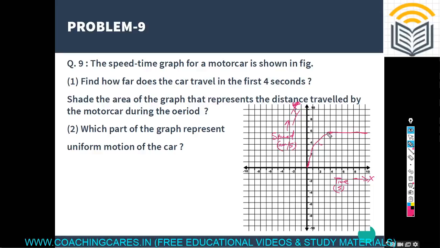So this is a little bit curved graph from this point.